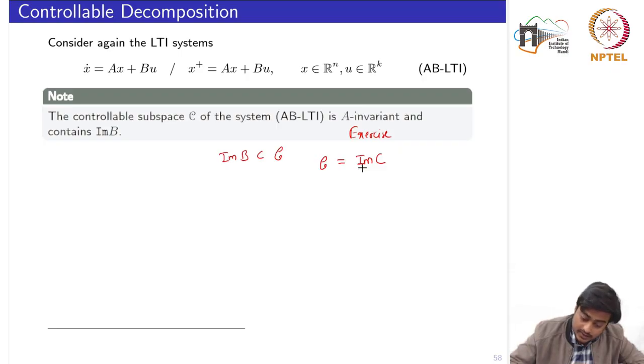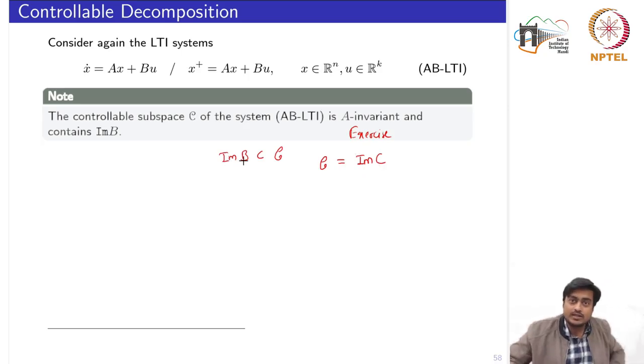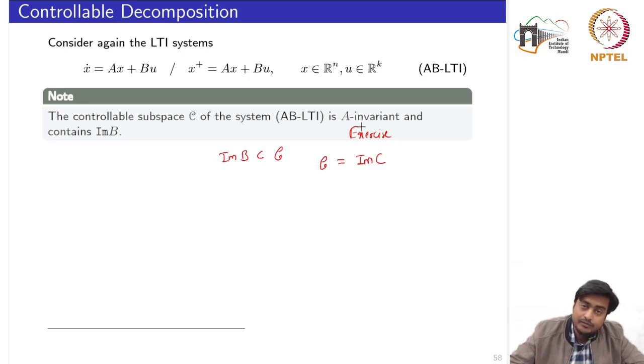Okay, and the image of this controllability matrix contains the subspace image of B. So in fact the proof is pretty much straightforward. For the first part, A invariant, we have already shown that this controllability matrix is A invariant, right? So you can take this as an exercise and solve by yourself, to prove this property.